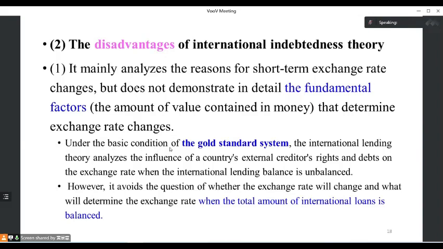Under the basic condition of the gold standard system, the international lending theory analyzes the influence of a country's external credit rights and debts on the exchange rate when the international lending balance is unbalanced.